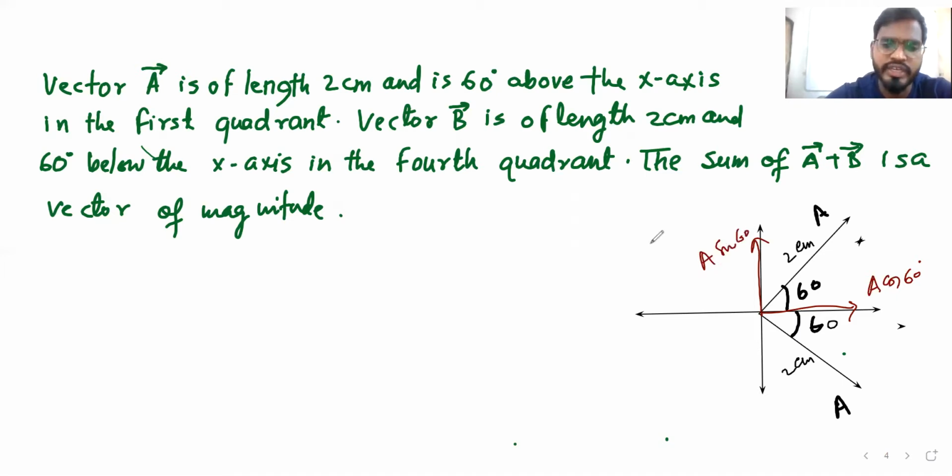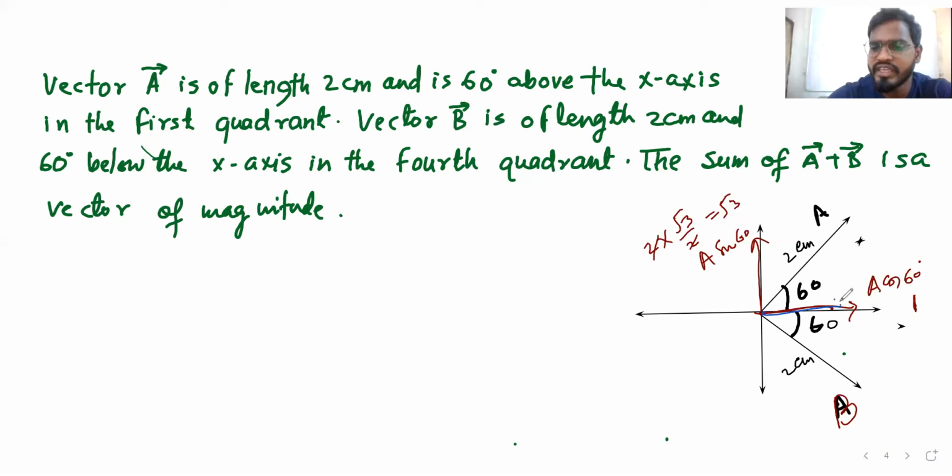A is 2 here. Sin 60 is root 3 by 2, so you got root 3, and this is 2 again, cos 60 is 1 by 2, so 1. Okay, this value is 1. Now, guys, again for this B, let's take another color.